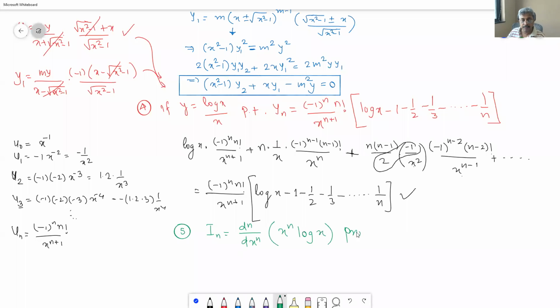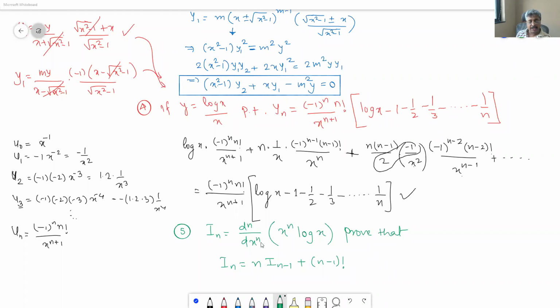Show that I n is equal to n times I n minus 1 plus n minus 1 factorial. This is easy. The hint is that you want I n minus 1.